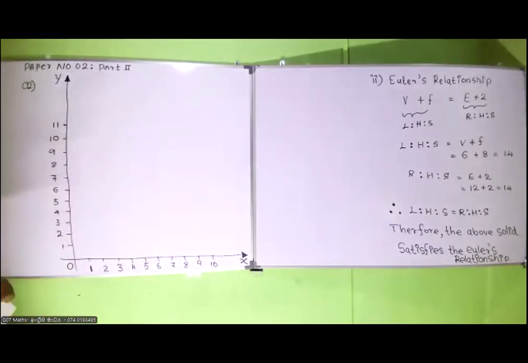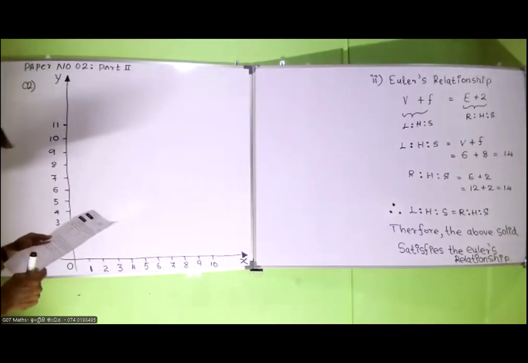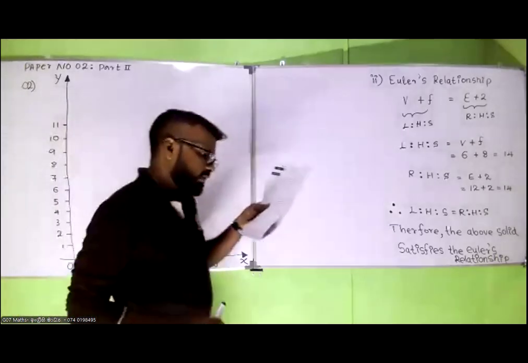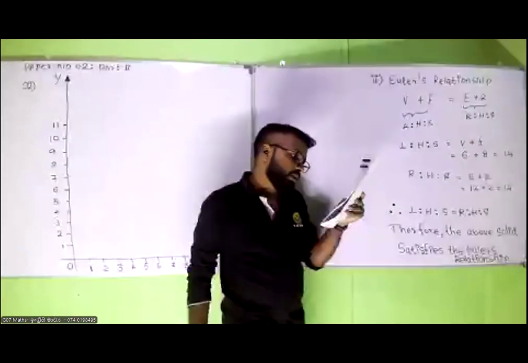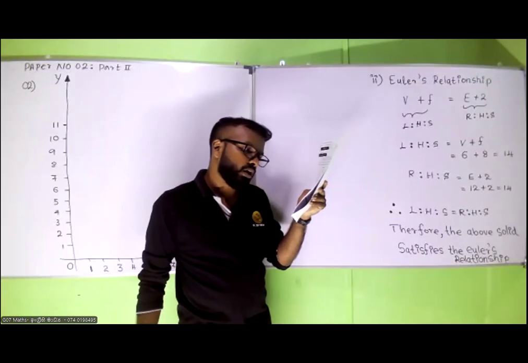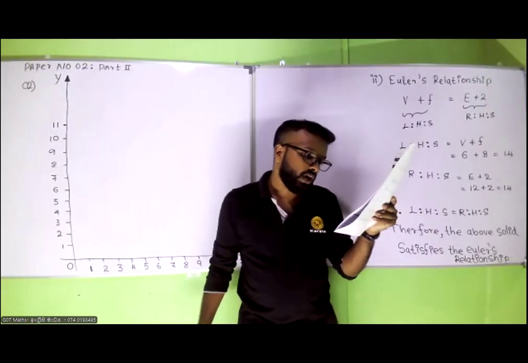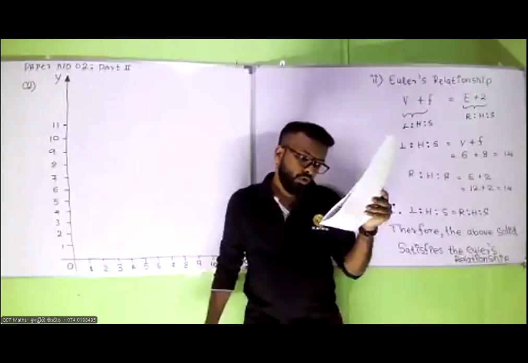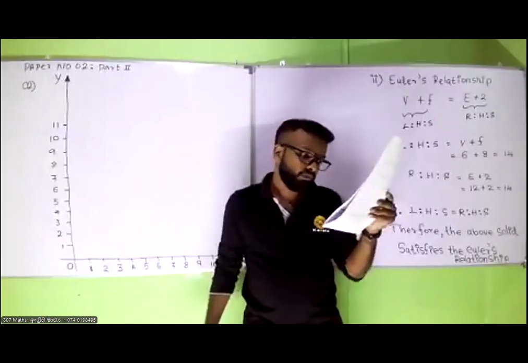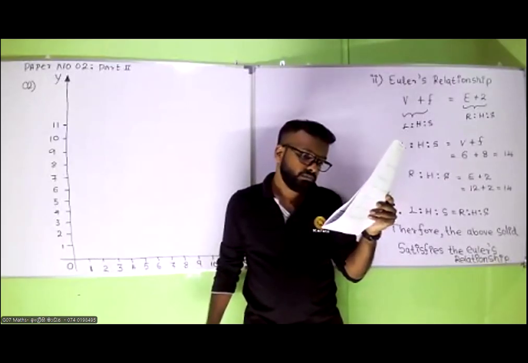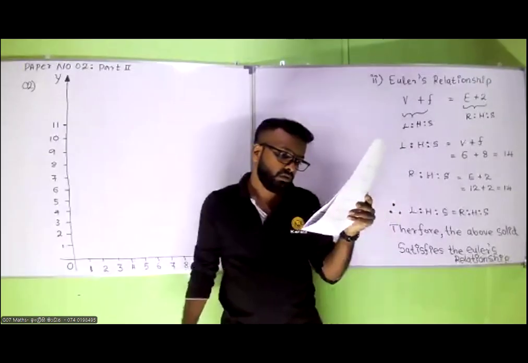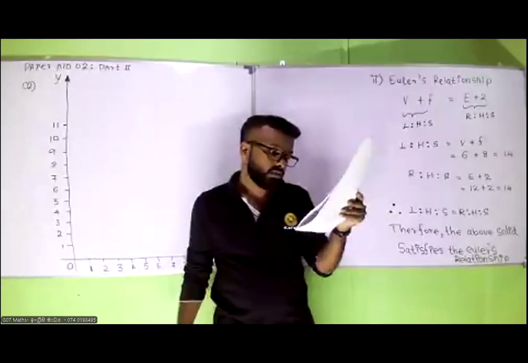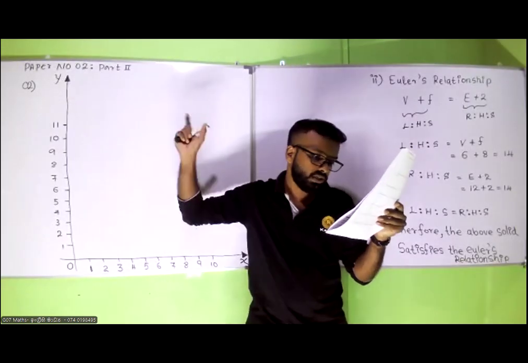Now it is here. So on the first question, they are asking to mark the following points on the above Cartesian plane. There are 1, 2, 3, 4, 5, 6, 7 dots. Seven points. So we have to mark them on this Cartesian plane.